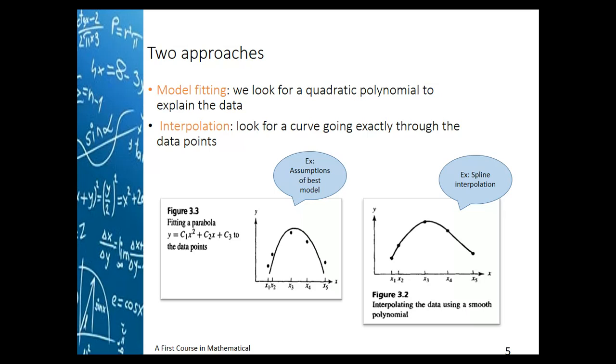So this is the concept: figure 3.3 is the assumption of your best model, and figure 3.2 is the interpolation, where you interpolate your data using some form of the best model that you think possible. In this case they use spline interpolation, for example.